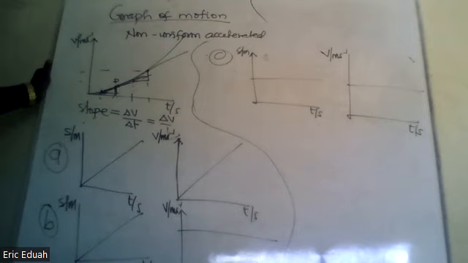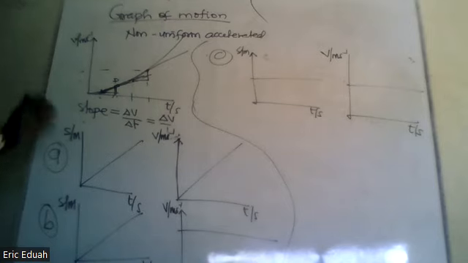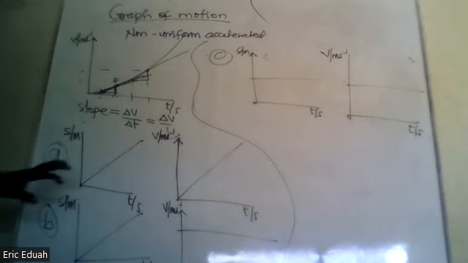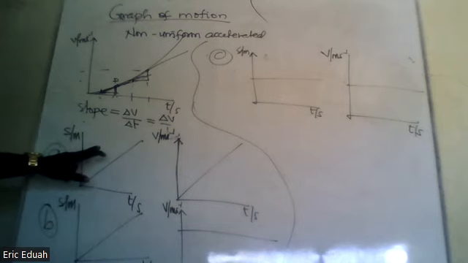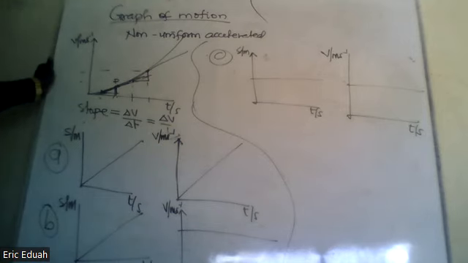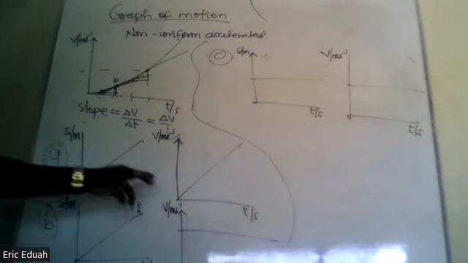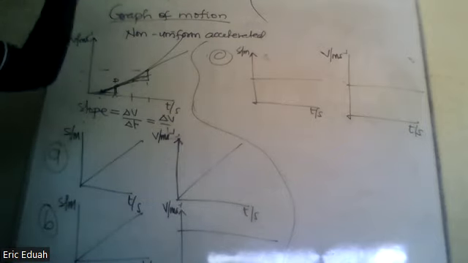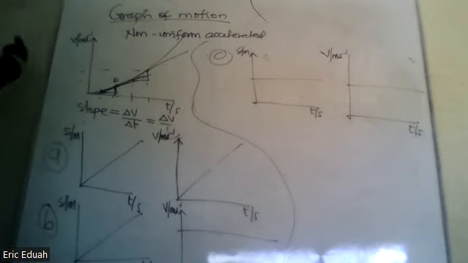Once you said it is a uniform velocity motion, then it means the velocity is uniform or constant. Let's come here, and this one, the acceleration is uniform, meaning it's the same along the motion.